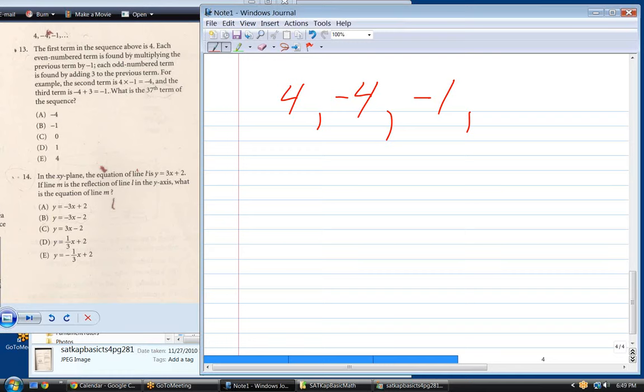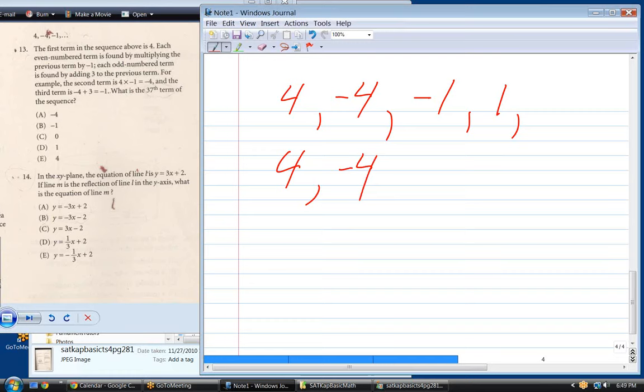So what's the fourth term, which is an even term? It would be 1. Okay. What is the fifth term, which is an odd term? 4. What is the sixth term, which is an even term? -4. We've found our repeat pattern.